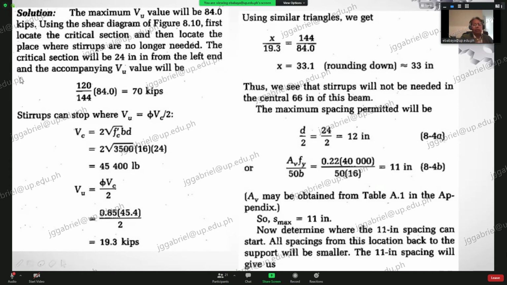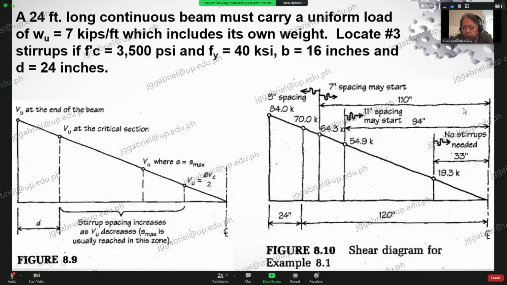That's 19.3. Now, by ratio and proportion, how do we do that? From here, we take this triangle: 84 over 144, and the unknown length, which later on you got as 33 inches.